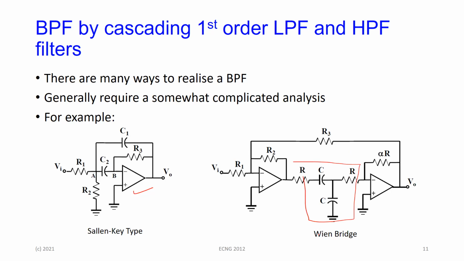We've met one already called the Wien bridge. We use the Wien bridge to make oscillators. But the Wien bridge has a resonant frequency, so this particular circuit would pass signals through, but only the resonant frequency of the Wien bridge would be transmitted through, and then you get that coming out. Everything else the Wien bridge would ignore, right?